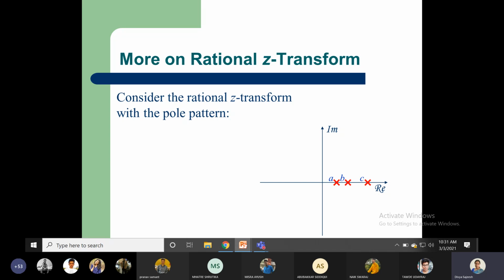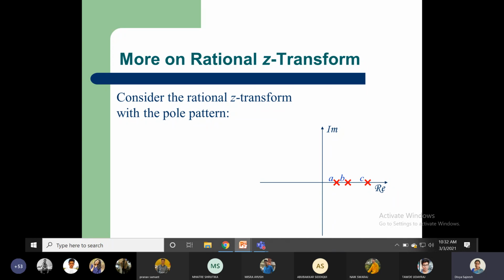The Z transform of the signal can be expressed as a ratio of numerator and denominator. On the numerator I will get the information about the zeros, and from the denominator I will get the information about the poles. That is the rational Z transform, numerator divided by denominator, and by looking at the denominator we can identify the pole pattern of the signal.